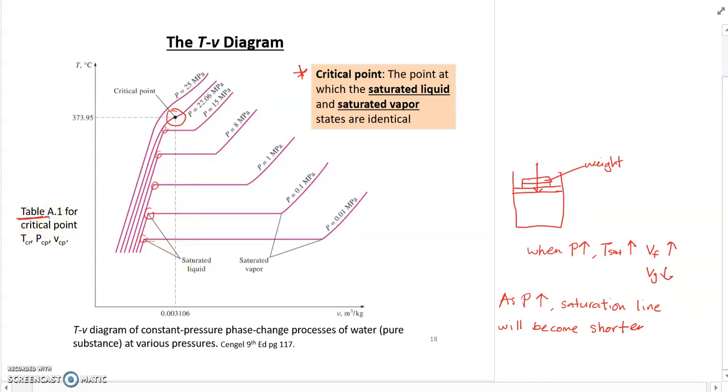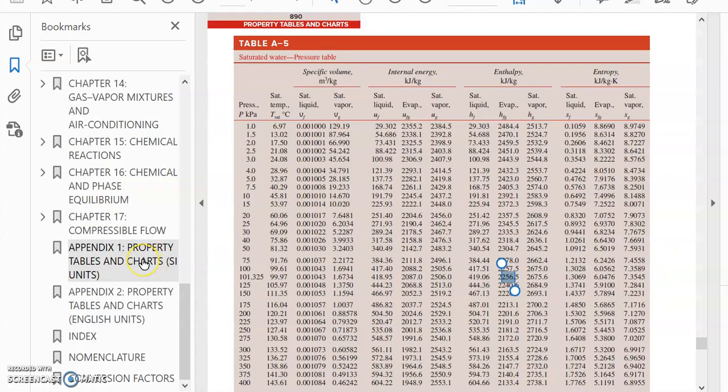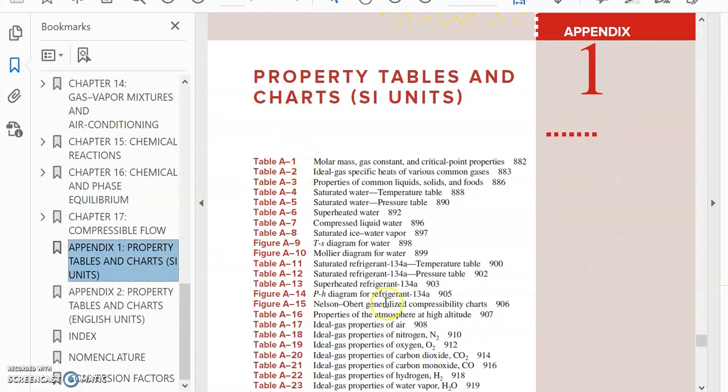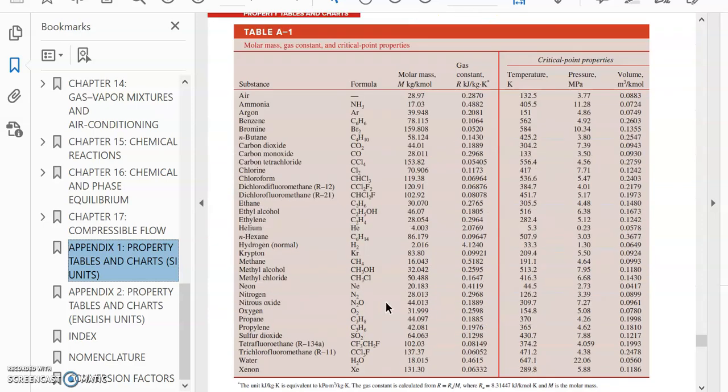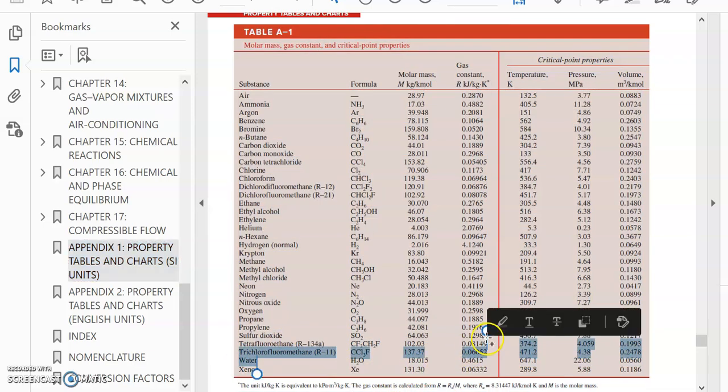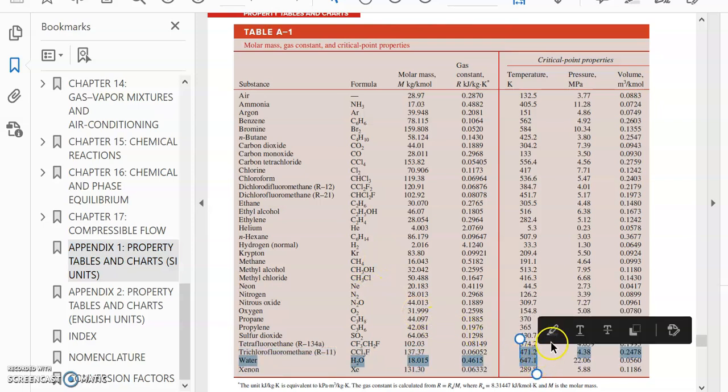So let's look at table A1. Go to appendix A1. For example, the figure that we looked at just now was water.